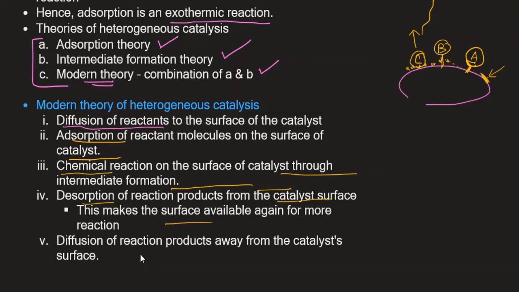Now it supports very well that the catalyst does not get involved in the reaction, it just supports or enhances the rate of the reaction. It means it describes the retrievability of the catalysts. That is one of the essential features of very good catalysts.